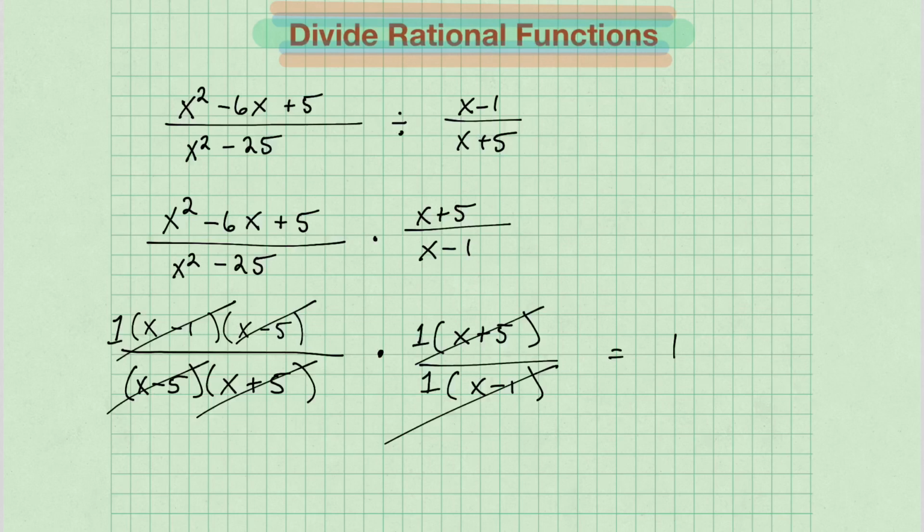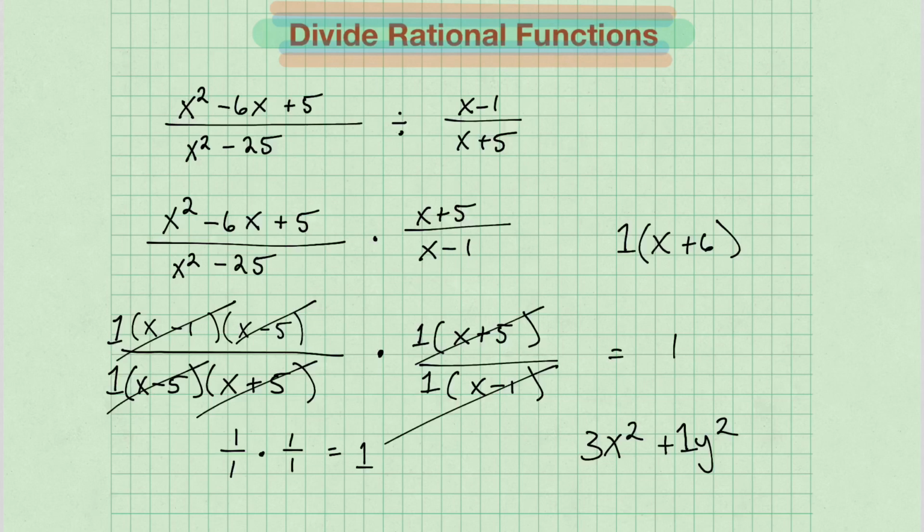People seem to not realize this at times, that when I have, let's say, 3x squared plus y squared, in front of this y squared there's a 1. If I have x plus 6, there's an invisible 1 there. We just don't always write it in, but it's there. So what we're left with is 1 over 1 times 1 over 1. 1 times 1, that equals 1. So 1 is our final answer, the number 1.